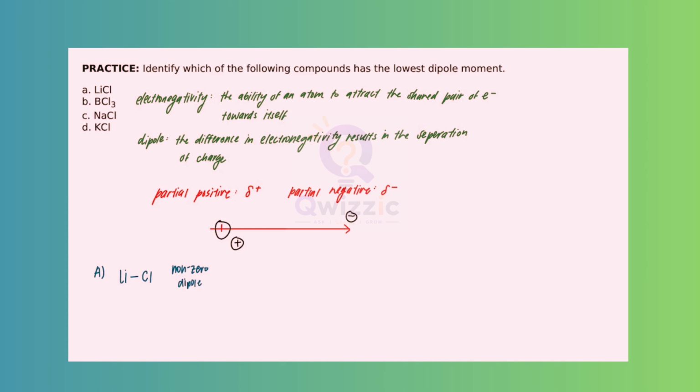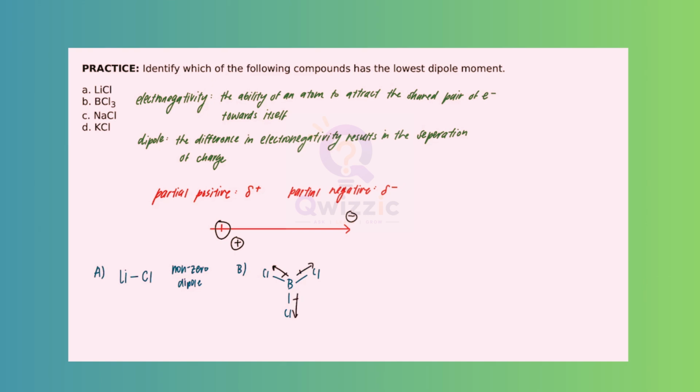All right, now moving on to option B, which is BCl3. So we have a boron in the central atom here, connected to 3 chlorine atoms. So again, I'm not going to go ahead and draw in the lone pairs because we are just doing a simple Lewis structure. So we know that chlorine is going to be more electronegative than boron, so we can go ahead and draw in those arrows in the structure.